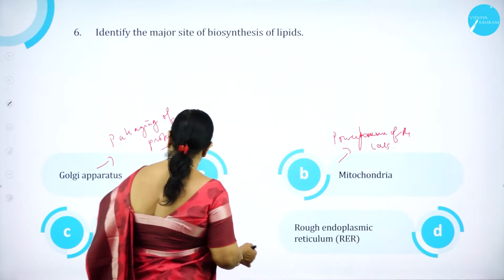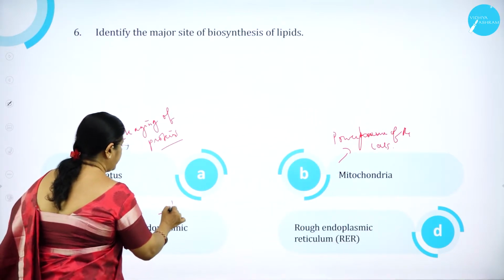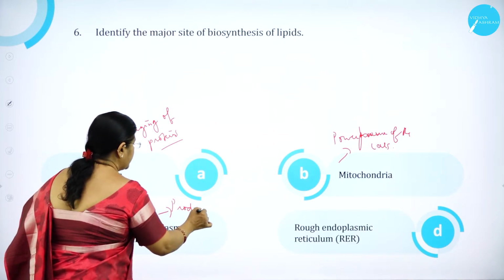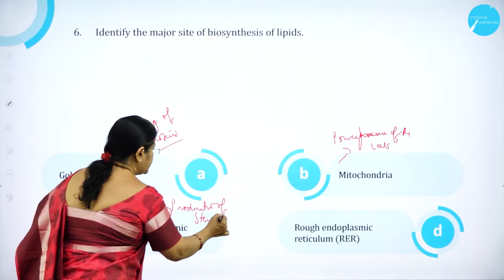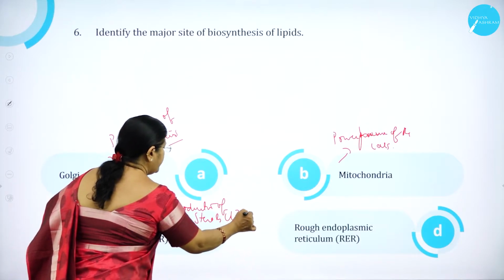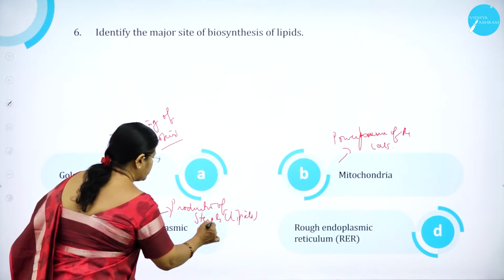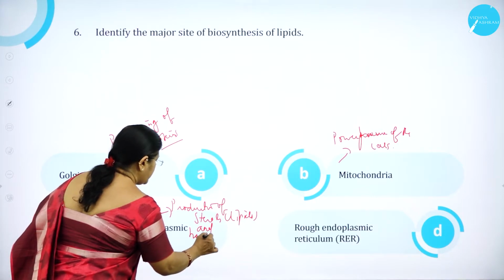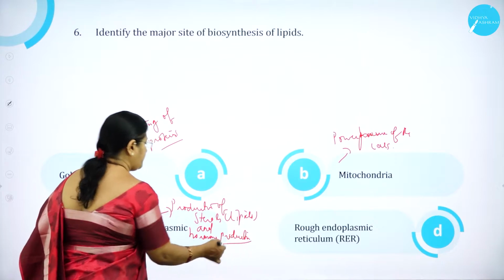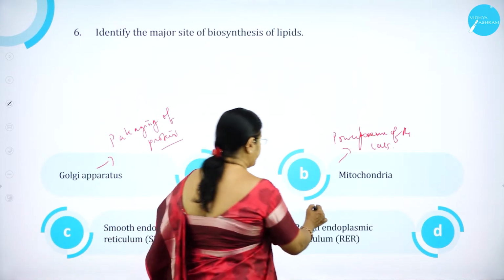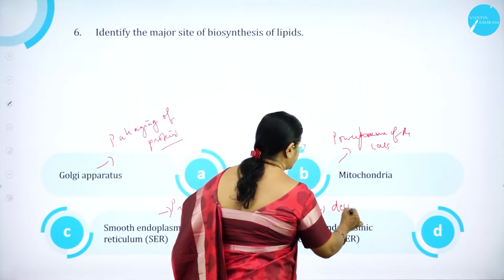Then smooth endoplasmic reticulum, production of sterol. Sterol is a lipid. And hormone production also. Rough endoplasmic reticulum, dispatching proteins.